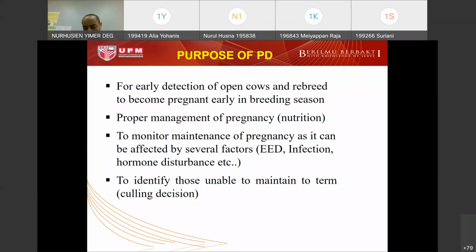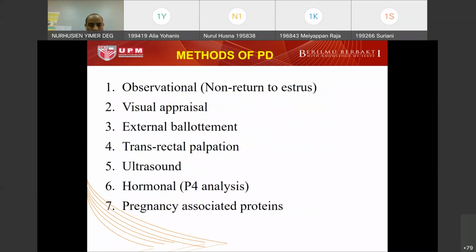So many other purposes will be there, but these are the main advantages or purpose of performing a pregnancy diagnosis. Okay, so talking about the purpose, we have seen that those are the benefits that we can be able to achieve by employing pregnancy diagnosis in your breeding program, in your reproductive management.